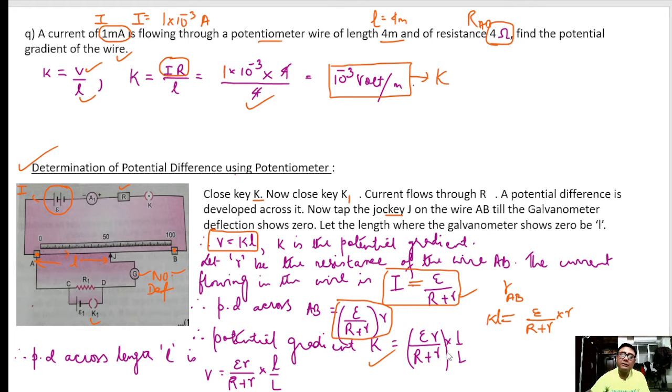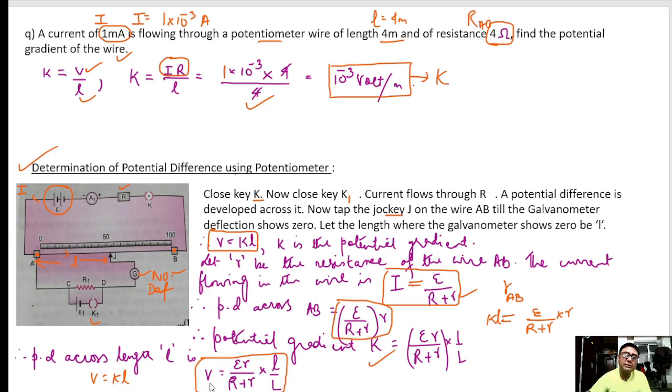Now once we get the value of K, we will put it in V equal to KL, and then we will get the potential difference across the wire AB.